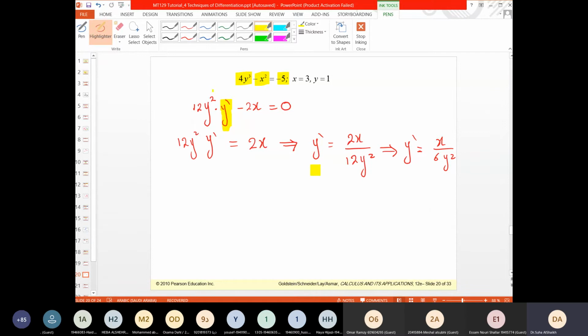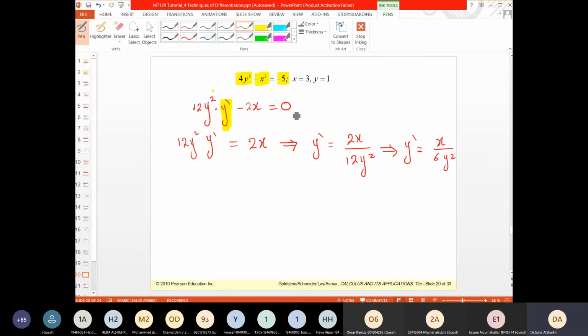I'm using the chain rule here actually. It's the derivative of the y multiplied with the derivative of what's inside, which is y dash. So whenever you are differentiating the part that has y, we don't forget to multiply by y dash outside, and the rest we differentiate normally. Then, since I want to find y dash, I rearrange my equation in a way that y dash is on one hand side and everything else goes to the other hand side.